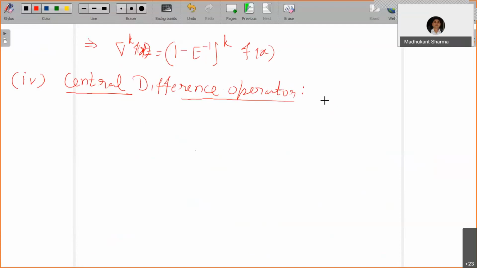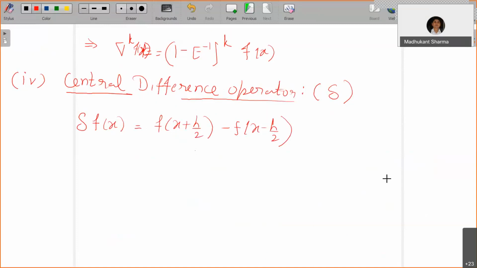So the central difference operator, which we are going to denote by delta. Delta f of x is defined as f of x plus h by 2 minus f of x minus h by 2. We are also saying that this is a symmetric operator.